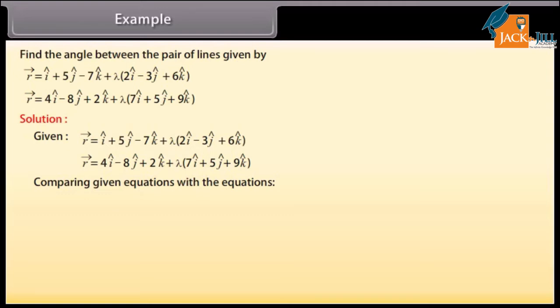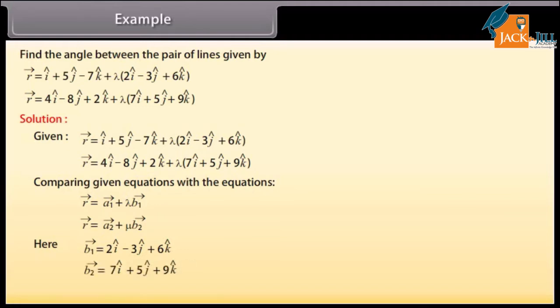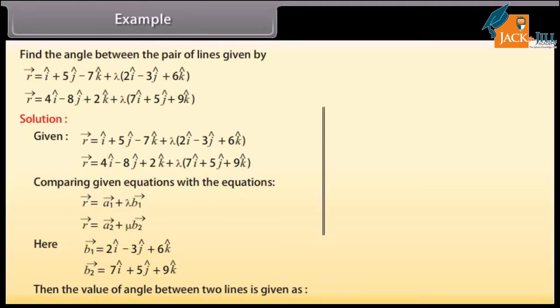Comparing given equations with the equations vector r equals vector a1 plus lambda vector b1, vector r equals vector a2 plus mu vector b2, here vector b1 equals 2i minus 3j plus 6k and vector b2 is equal to 7i plus 5j plus 9k. Then the angle between two lines is given as cos theta equals modulus of vector b1 dot vector b2 by modulus of vector b1 into modulus of vector b2.